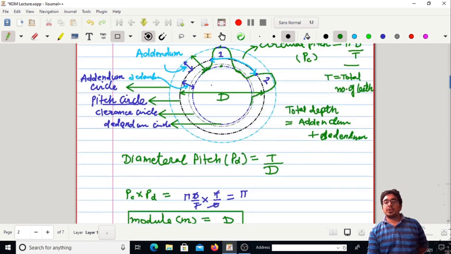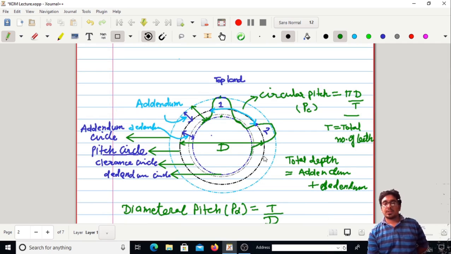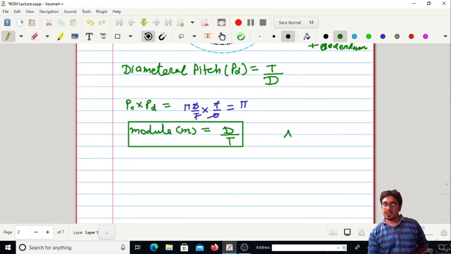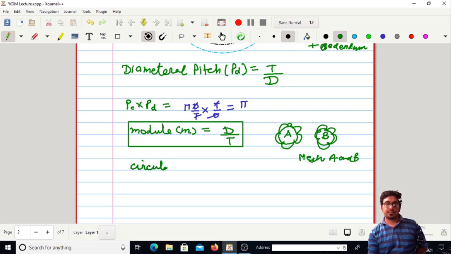Now, if we need to mesh this particular gear, for example A, with another gear, B, where A is one gear which has some teeth on it, and another gear is B, and if we need to mesh these two gears A and B, then the circular pitch of A and B should be equal.